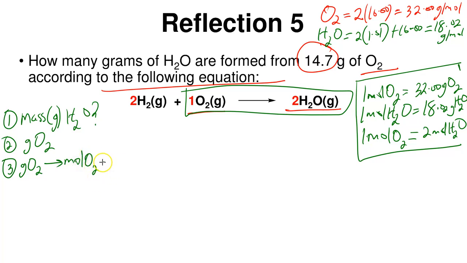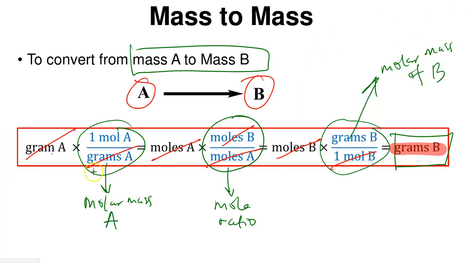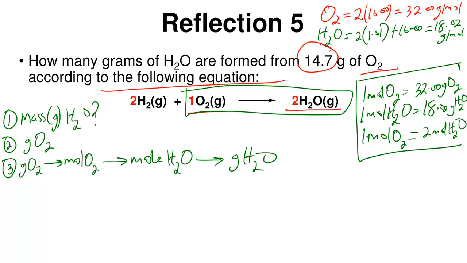And then from mole of oxygen, we go to mole of water. And then from mole of water, we now go to mass, grams of water, which is exactly what we have here. You go from grams of A to mole of A, from mole of A to mole of B, and from mole of B to grams of B.